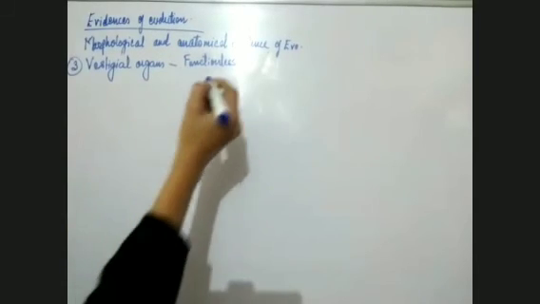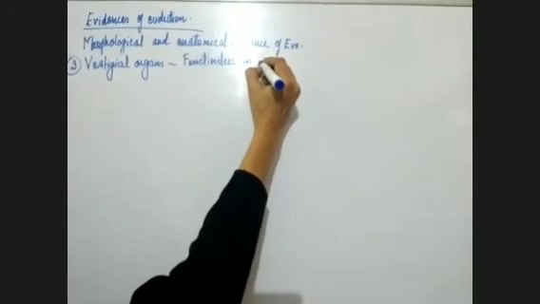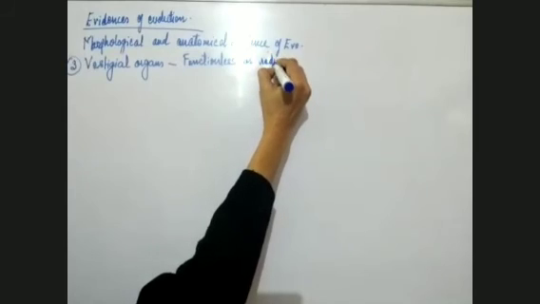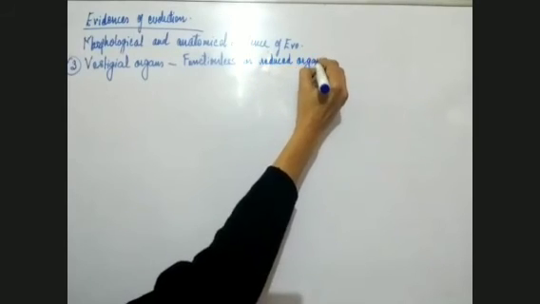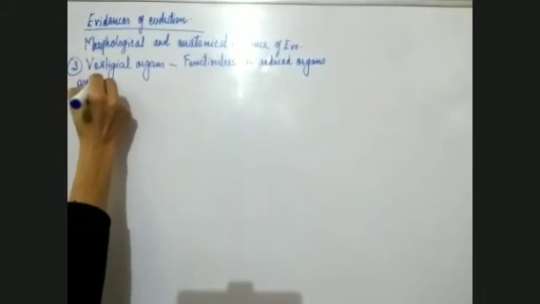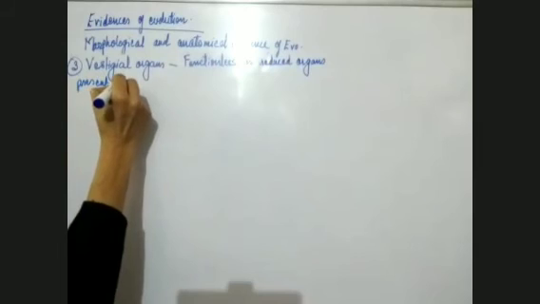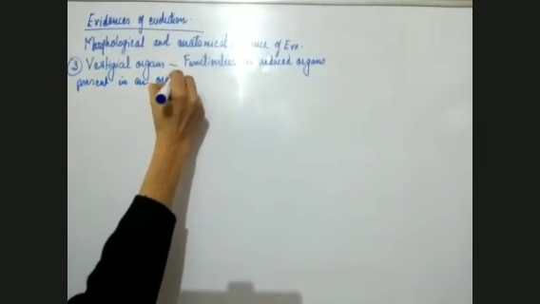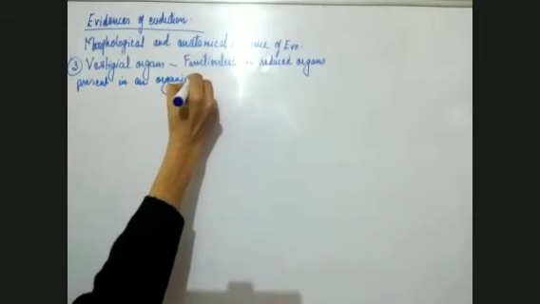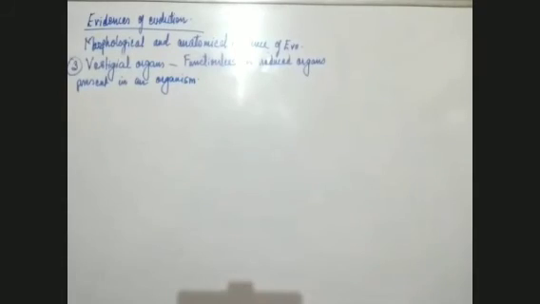Vestigial organs are functionless or reduced organs present in an organism. So vestigial organs are functionless or reduced organs present in an organism.